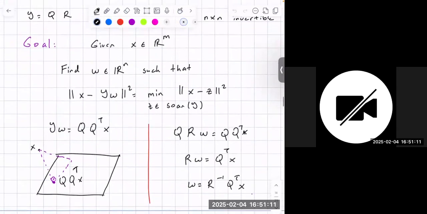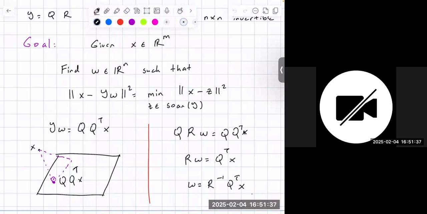Now suppose you're given an X and you want to find Y times something that minimizes the distance. So what I'm trying to say is find these weights so that this distance is the smallest among all possible choices you have. And this is the problem we just solved. The solution is to make this so that you get the projection there, right?